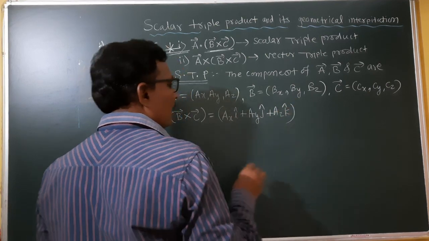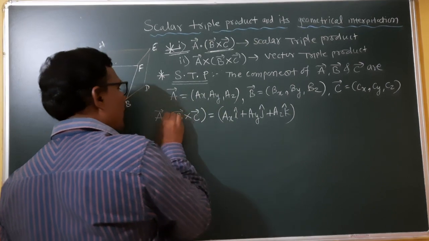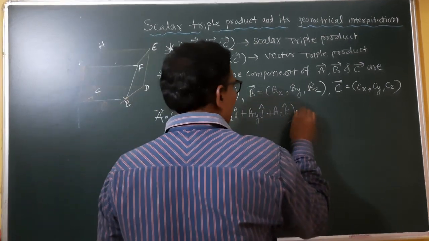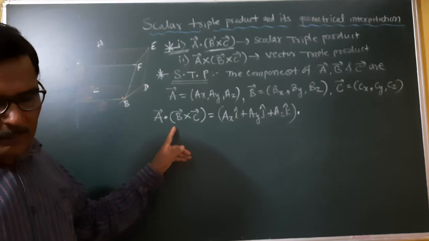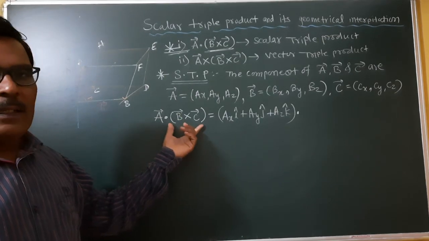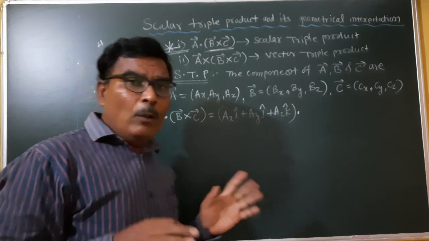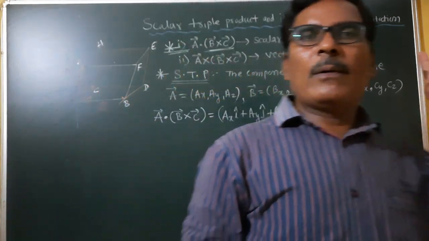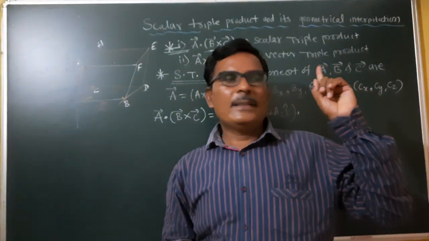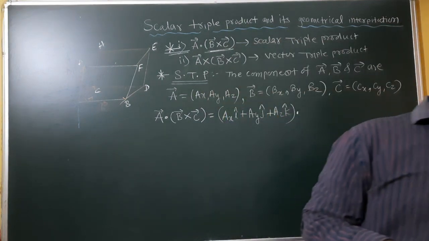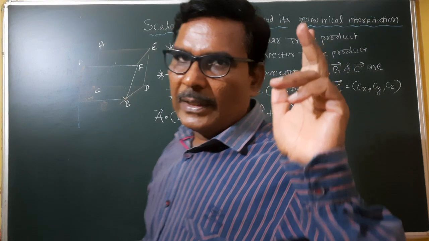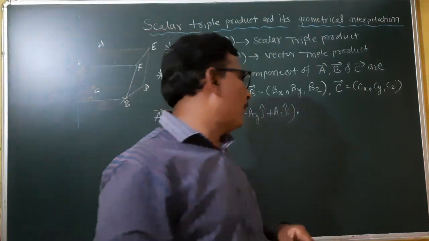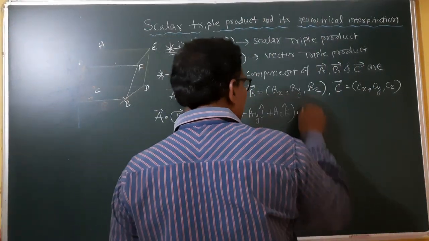Then a dot product with B bar cross C bar. How the cross product of two vectors can be expressed we studied in the last lecture: it can be expressed in the form of a determinant.